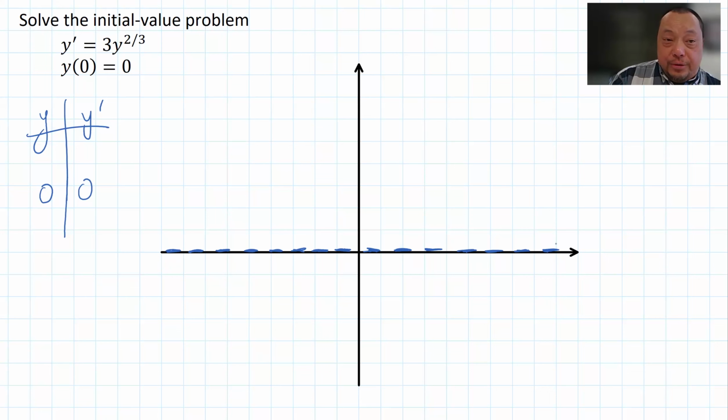Let's try another easy value, y equals 1. When y is equal to 1, then y prime is equal to 3. So let's say here's 1. Then the slope is 3 to 1, like this. And when I have this slope, the rest of the slope on that horizontal line is the same.